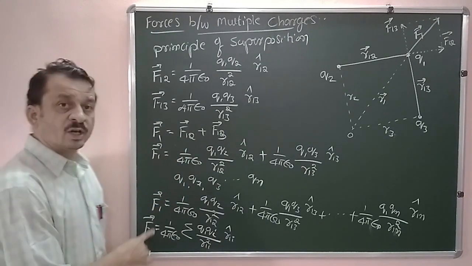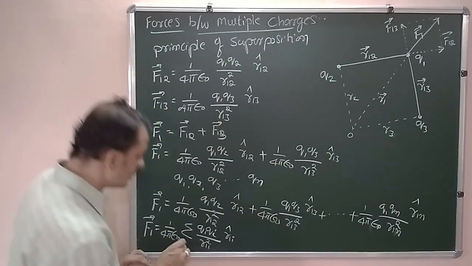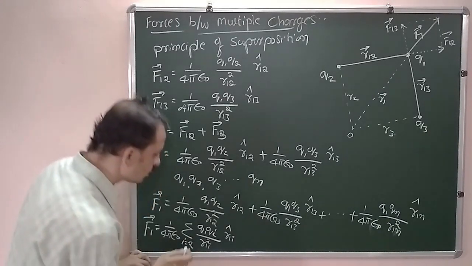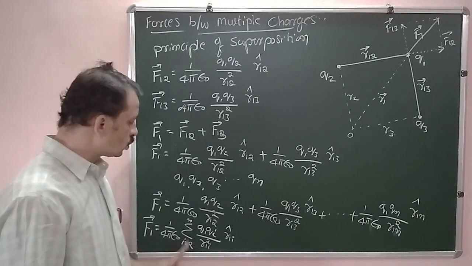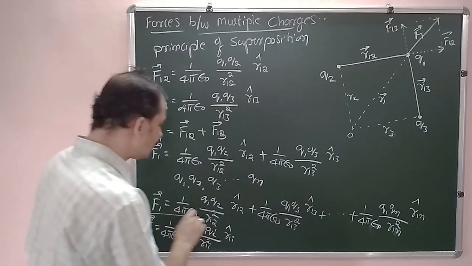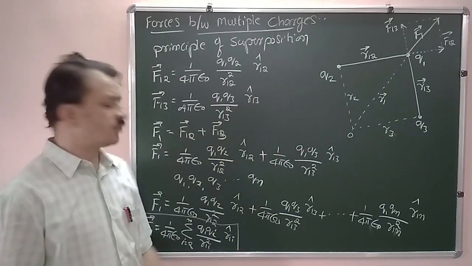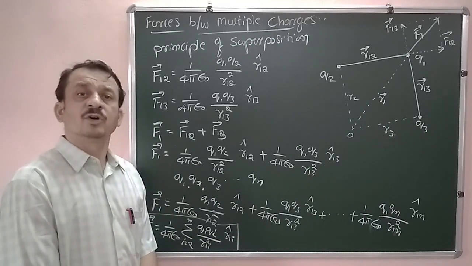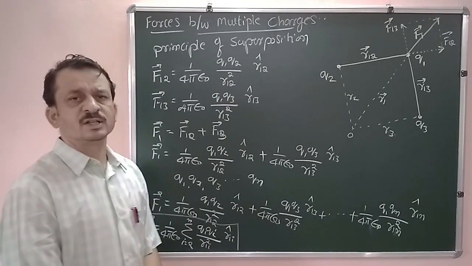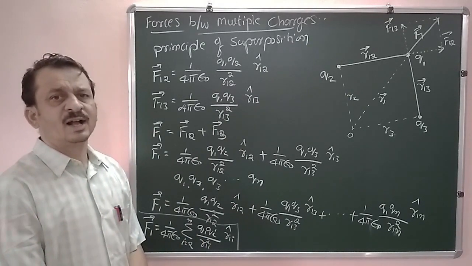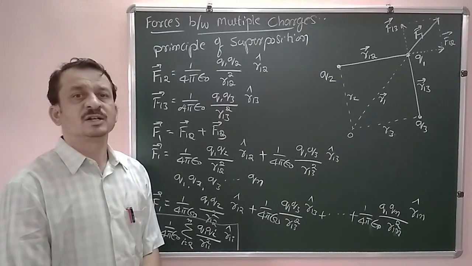Now this is the resultant force when n number of charges are present. So here i takes the values 2 to n. i is not taking 1, i is taking 2 to n. Now this is the resultant force acting on the charge Q1 for a system of n number of particles, and its direction is calculated by usually using the parallelogram law of vector addition. So that is forces between multiple charges.